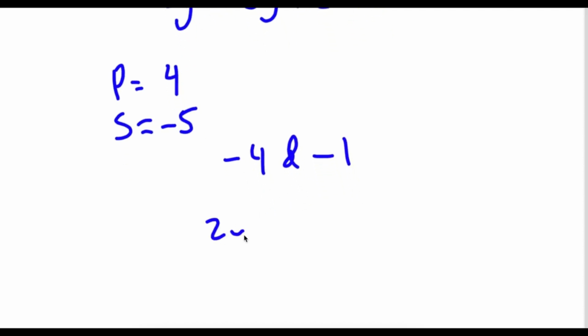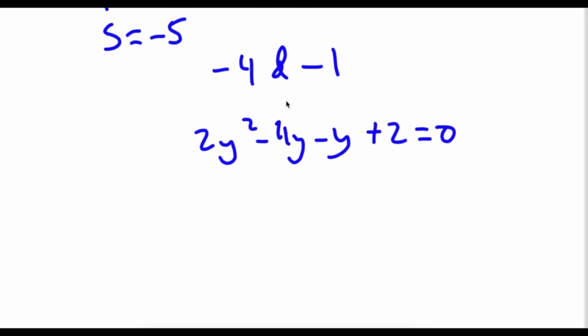So now I have 2y squared minus 4y minus y plus 2 is equal to 0. Now I can factor by grouping. So what is the greatest common factor of 2y squared and negative 4y? That's going to be 2y.